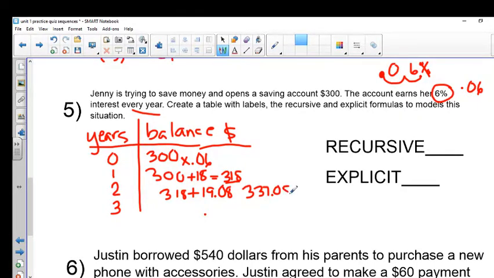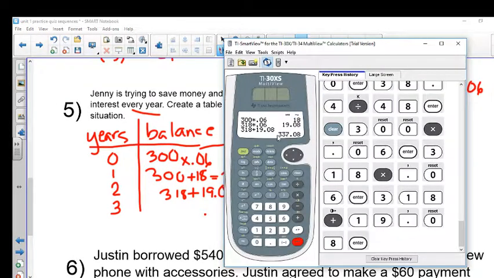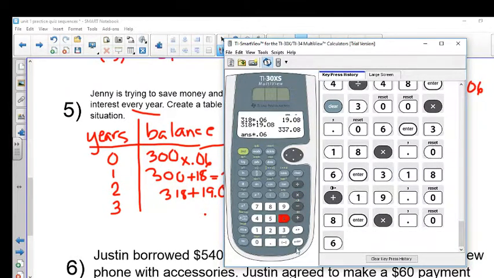Okay, so now we're going to take this one and multiply it times 0.06. I'm just going to press this because it means answer. So that was my answer, times 0.06. And we got a difference of $20.22.